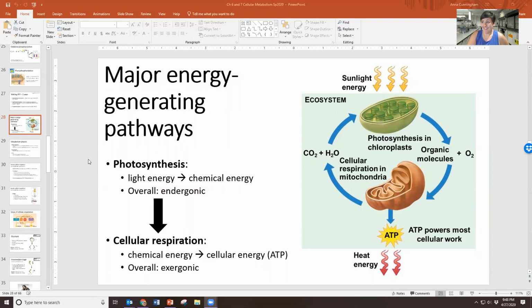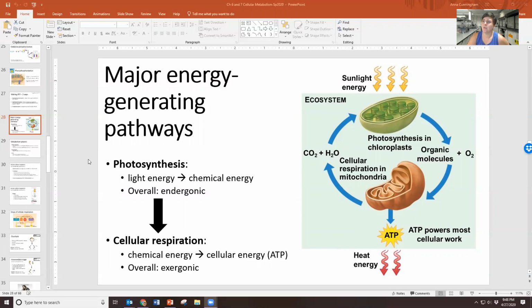This is paired with an overall exergonic or catabolic reaction, cellular respiration, where the bonds in those organic molecules generated in photosynthesis are broken. The electrons are released from those bonds, harnessed, and used to generate ATP. So what you're doing in that case is generating usable cellular energy.